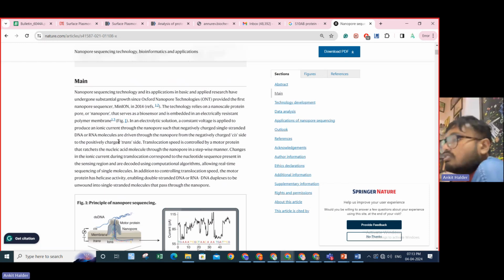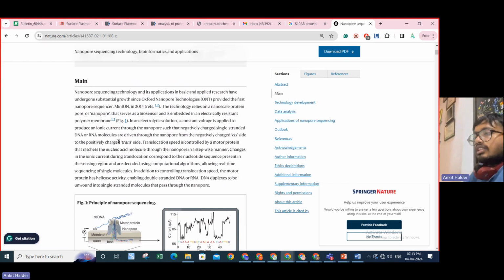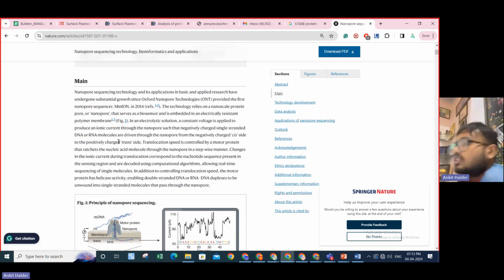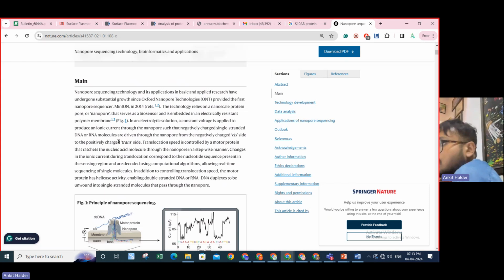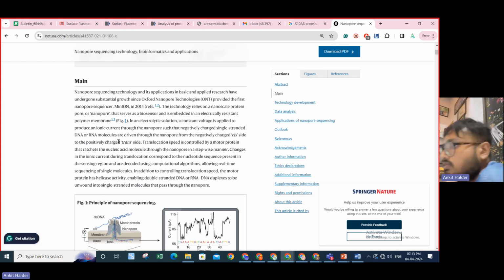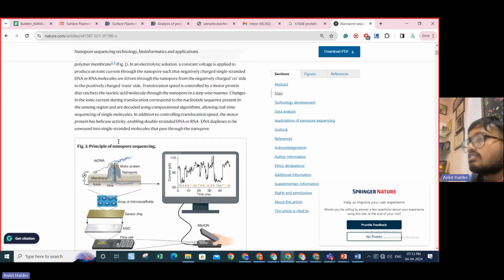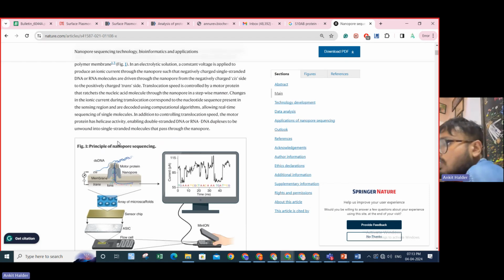In an electrolytic solution, a constant voltage is applied to produce an ionic current through the nanopore, such that negatively charged single-stranded DNA or RNA molecules are driven to the nanopore from the cis side to the positively charged trans side, controlled by a motor protein that ratchets the nucleic acid molecules through the nanopore in a stepwise manner. Changes in the ionic current during translocation correspond to the nucleotide sequence present in the sensing region.